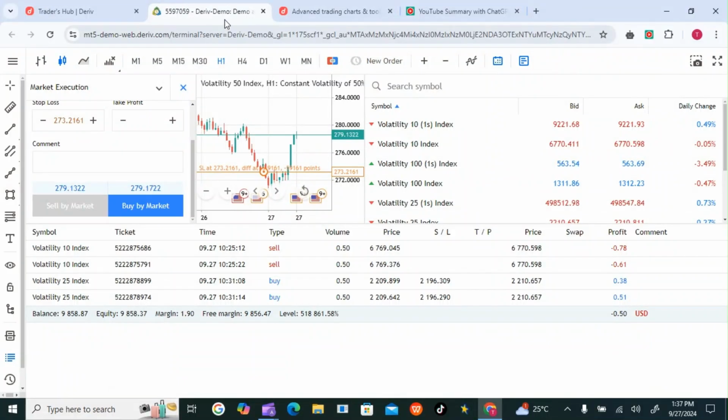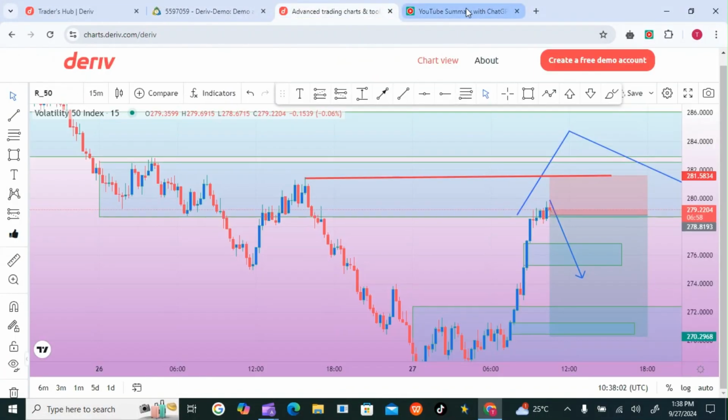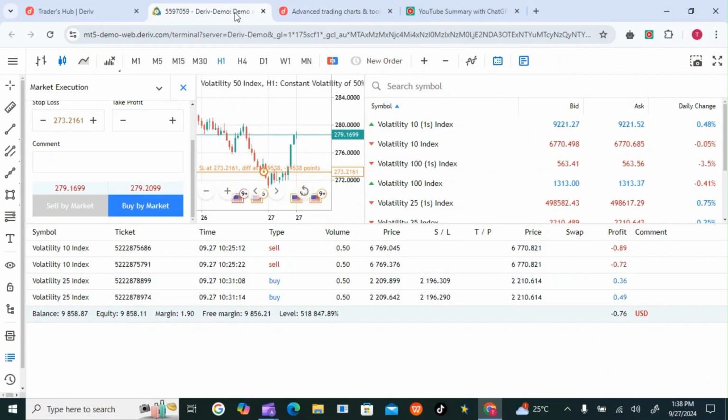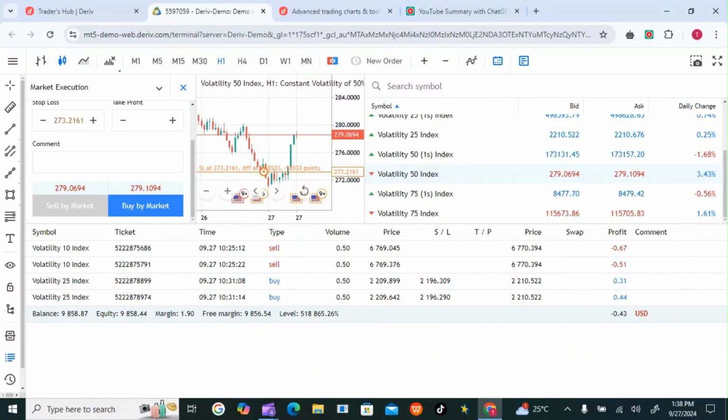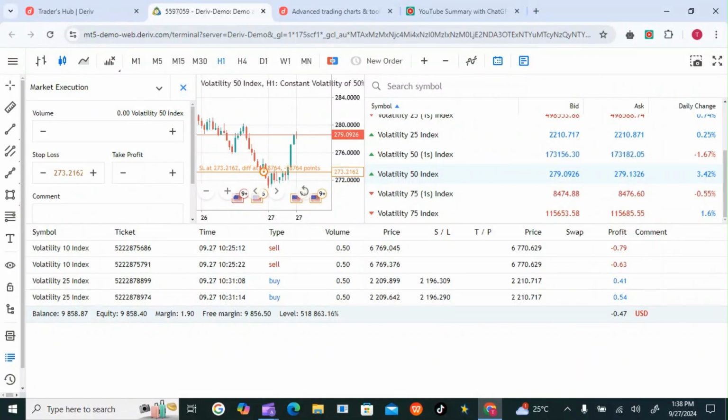So looking now at the next trade, what is it? Volatility 100. I don't know why it has refused for me to take this trade. I really wanted to take this trade for volatility 50.